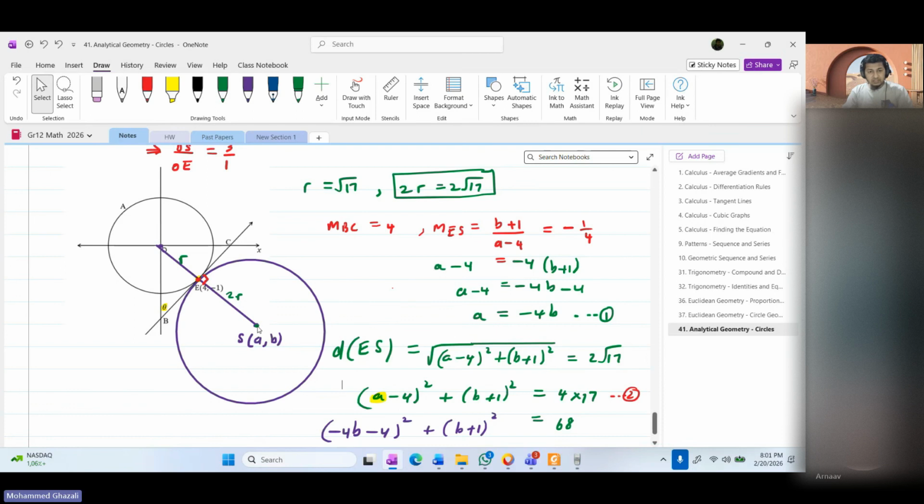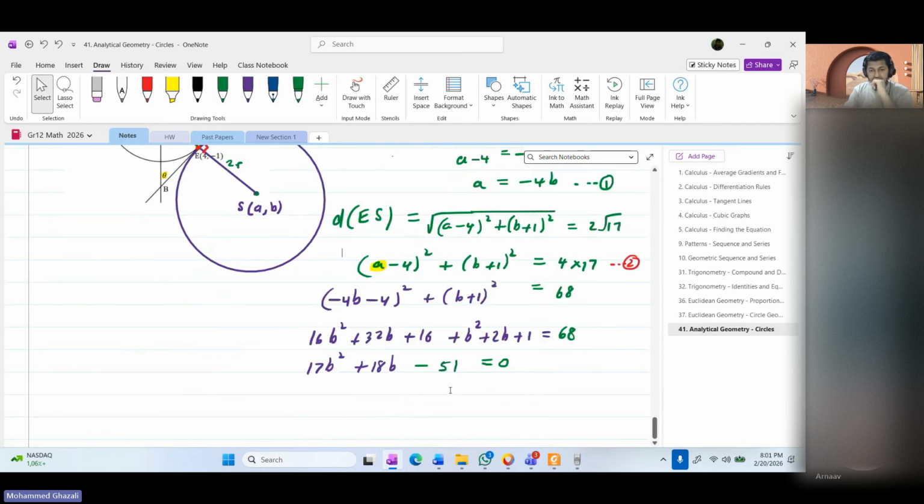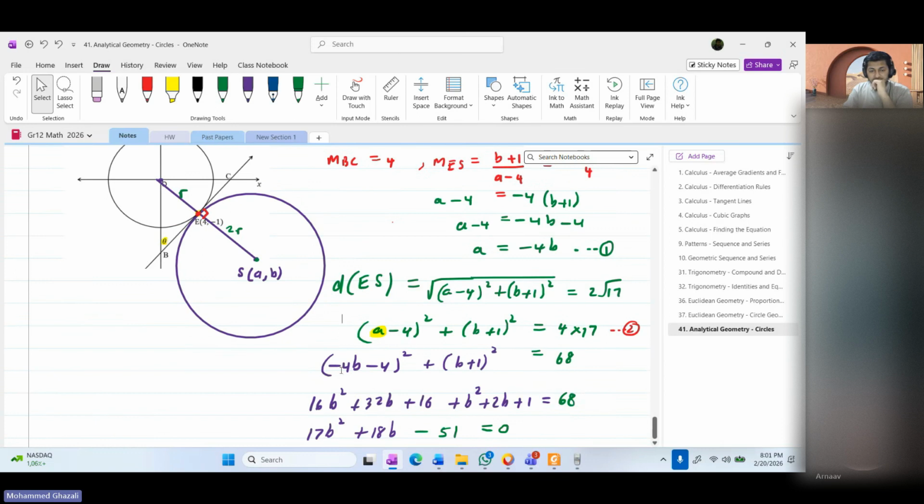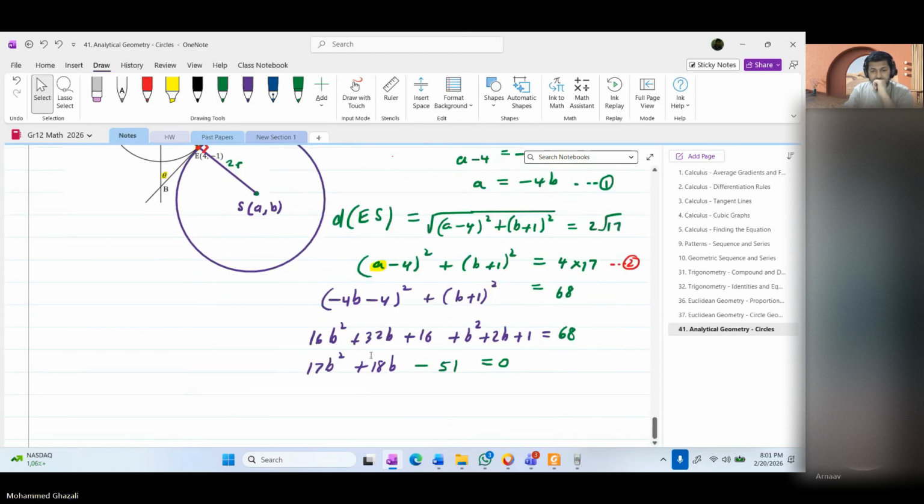What if I took the distance from here to there? What if I don't use the 4 and the negative 1? Why am I getting funny answers? 16b squared plus 32b. I made a mistake here as well. 34b.